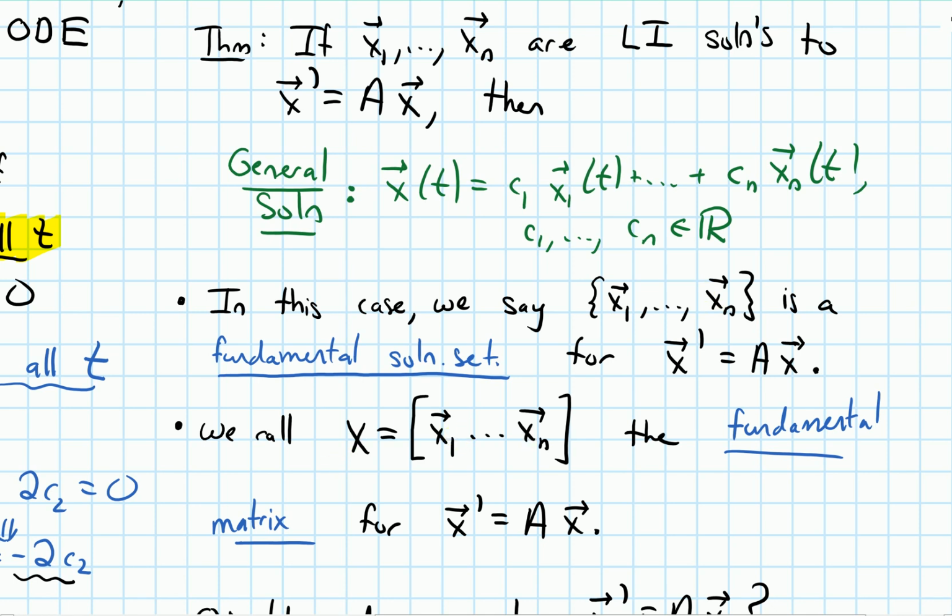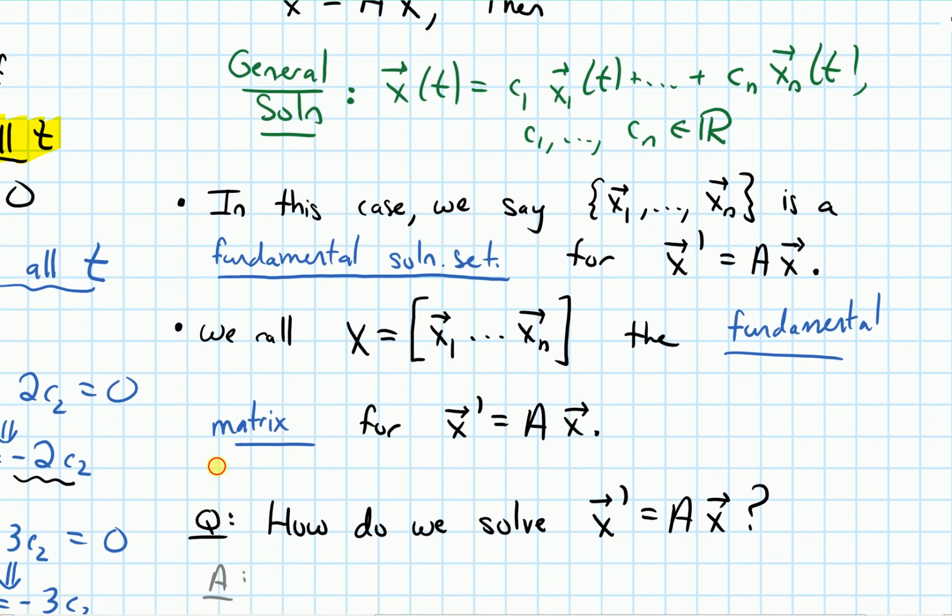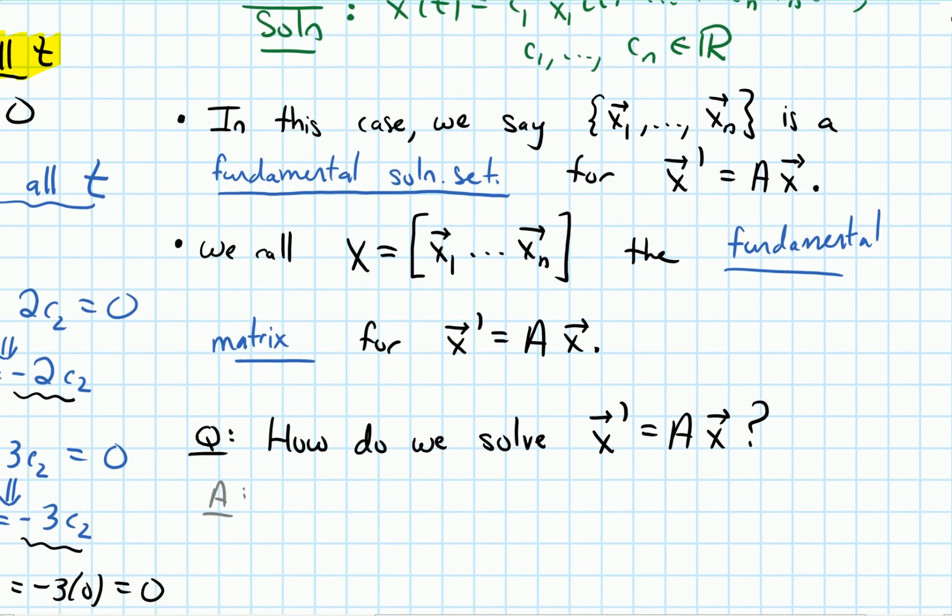Okay, so the next key question is, now that we've talked about all of this, we haven't really answered the question: how do we solve our linear homogeneous system of ODEs? And the answer is, we are going to use eigenvalues and eigenvectors.